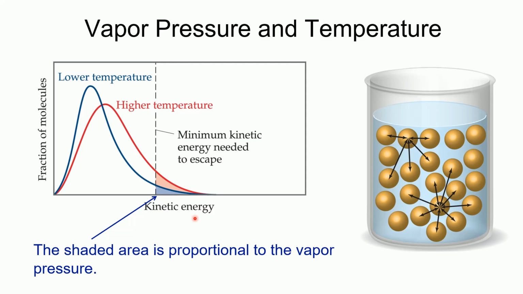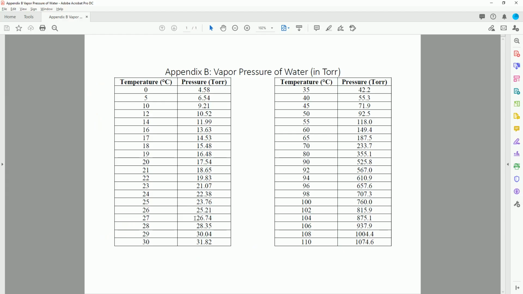Now, we can look at this on a graph or a table. I'm going to pull up the vapor pressure of water at different temperatures. This is from Appendix B of the textbook, and you'll see that we've got 0 up to 110 degrees Celsius, and I've listed the vapor pressures here, so it's a pretty broad range.